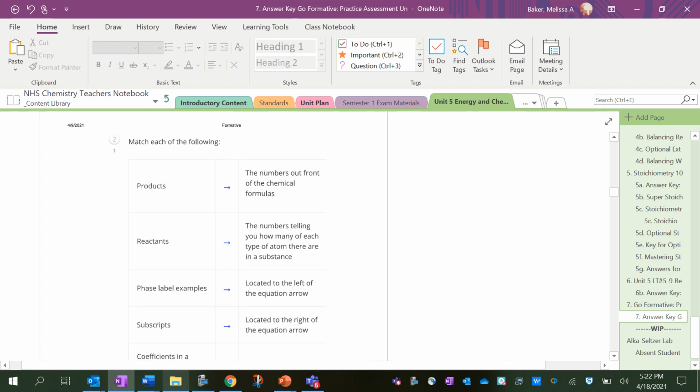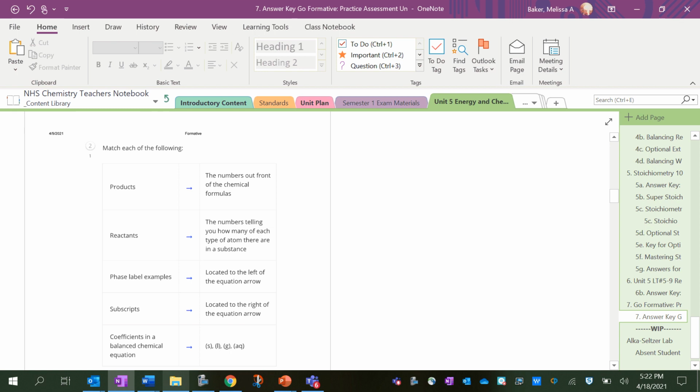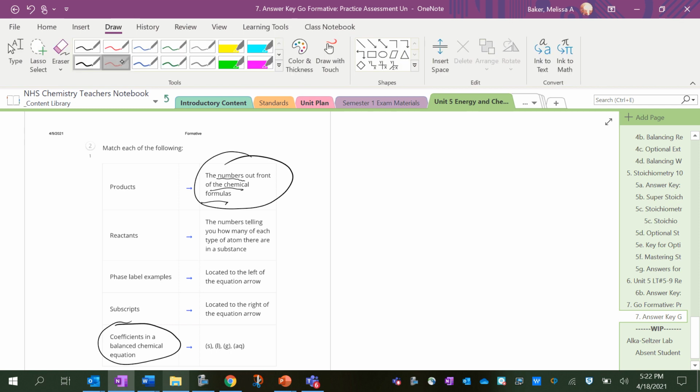Okay, match each of the following. I like to look at the definitions first. The numbers out front of the chemical formulas, that would be the coefficients. Those are the numbers out front. And then let me get a different color. The numbers telling you how many of each type of atom there are in a substance, those are the subscripts.